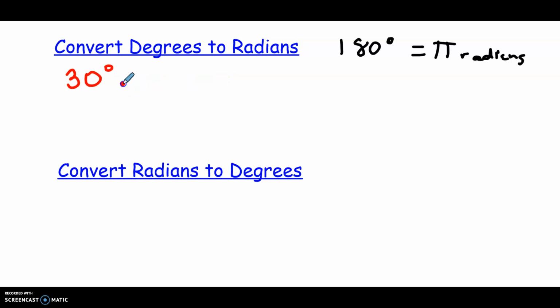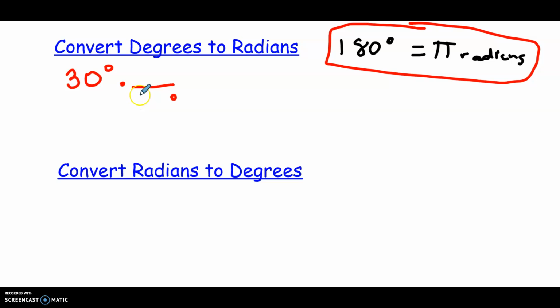There's one piece you might have known from chemistry called stoichiometry, or algebra, where we've referred to this as dimensional analysis: if you have degrees on top, you want degrees on the bottom so that it cancels out. But what's the conversion? There's 180 degrees to pi radians. So that means that 180 is going to go down here and pi will go up top. So this is just over 1, and you can just multiply numerator times numerator, denominator times denominator. So I get 30 pi over 180.